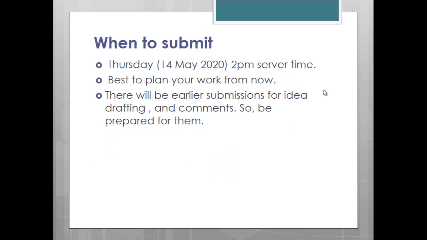So when to submit? The final day where you should put the link to e-portfolio into e-learning is 14 May 2020, 2 p.m. server time. Okay? So it is best to plan your work from now.